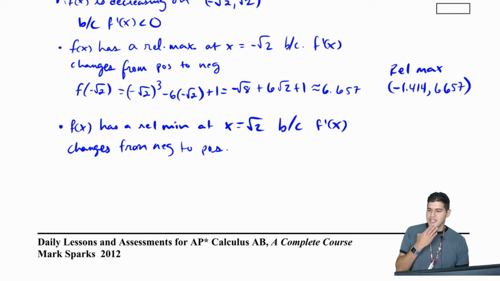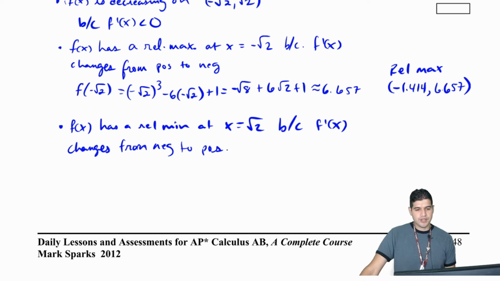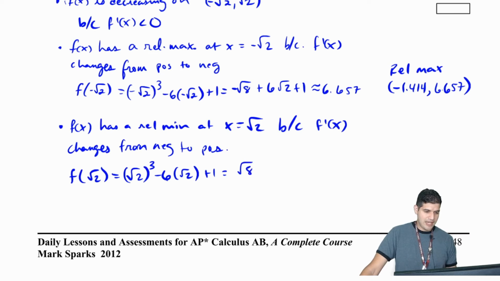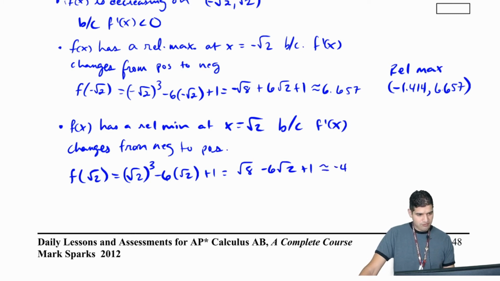All right, so then since I know it's going to be at square root of 2, let's find the coordinate. So f of square root of 2, I'm going to get square root of 2 cubed minus 6 times square root of 2 plus 1, which is going to come out to be square root of 8 minus 6 square root of 2 plus 1, which comes out to be approximately negative 4.657.